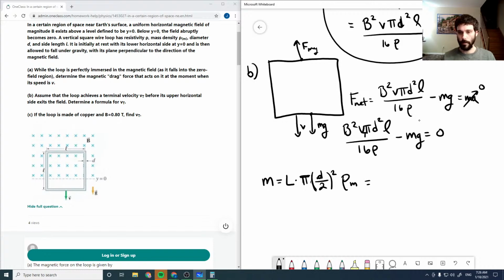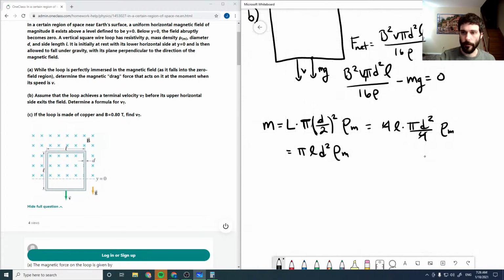Our length is 4L times pi d squared over 4 times rho m. So the 4's will cancel: pi L d squared rho m. So that's our mass.